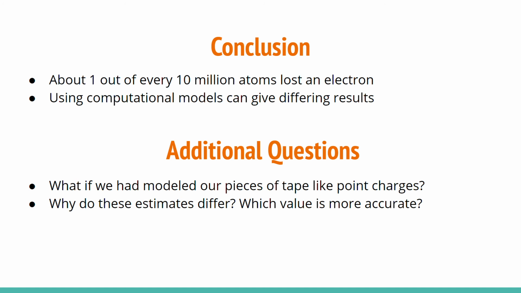Some additional questions that we can ask for this lab: what if we had modeled our pieces of tape like point charges? In that case, we of course would have gotten different results, which can be shown in the deviation from Lab 1 to Lab 2. And we ask ourselves, why do these estimates differ?